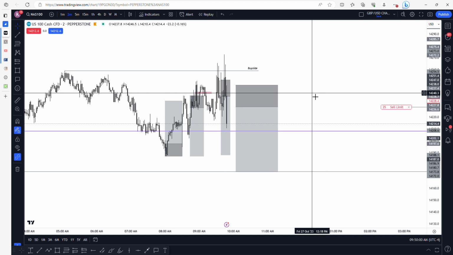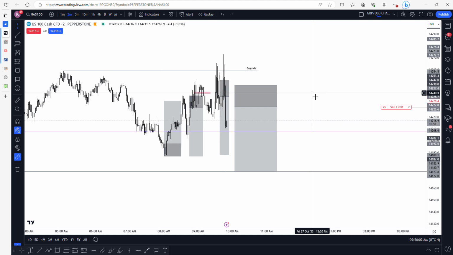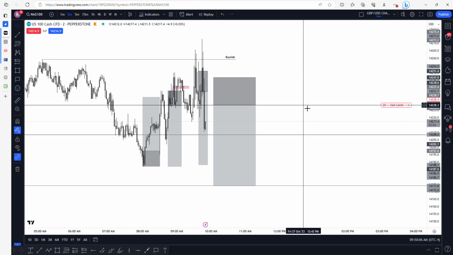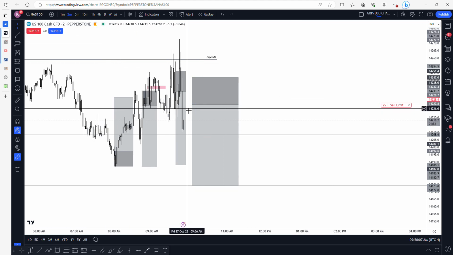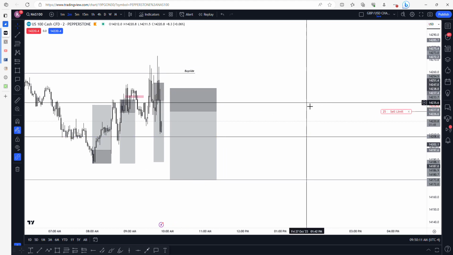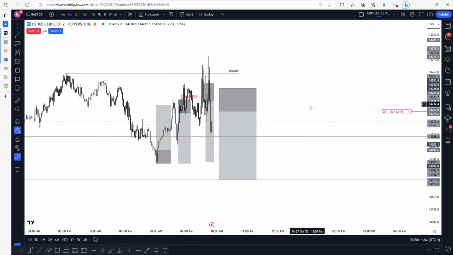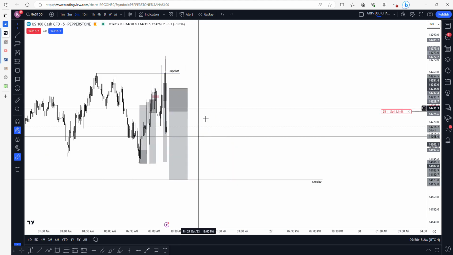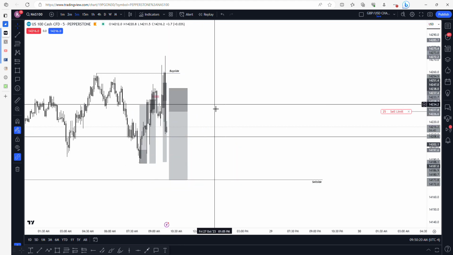Fair game at this point. Give us a retracement, trying to get into this order block. Breaker also here. Let's see if price wants to be reasonable. Well, this is also a breaker right here.